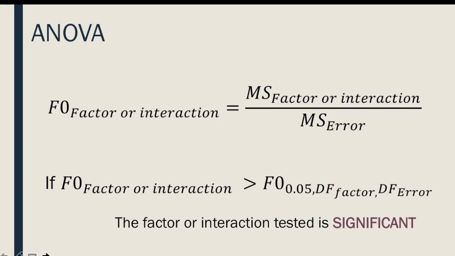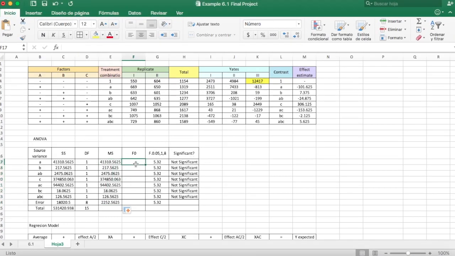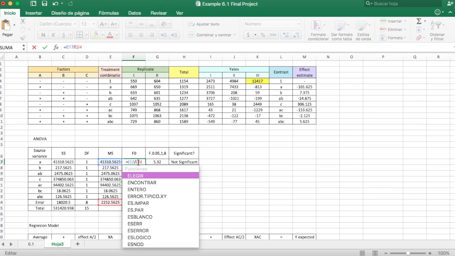Finally, the important part, everything is important, but here we are going to have the F-test. Here we need to divide the mean square of the factor or interaction by the mean square of the error. So we have the mean square of the factor divided by the mean square of the error.